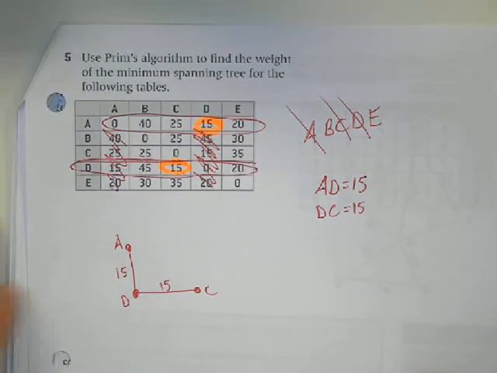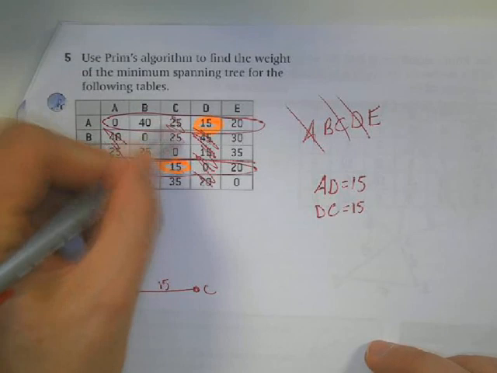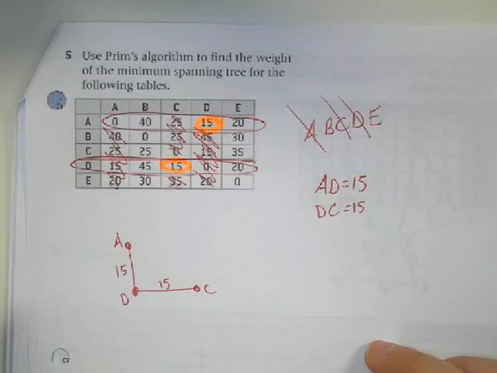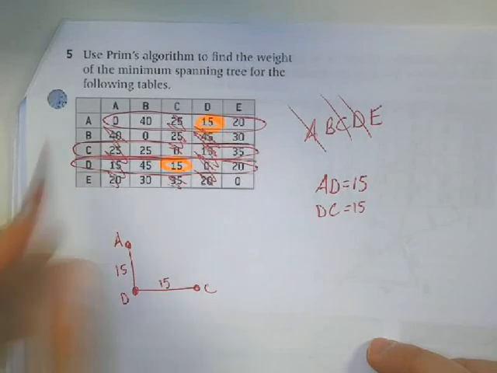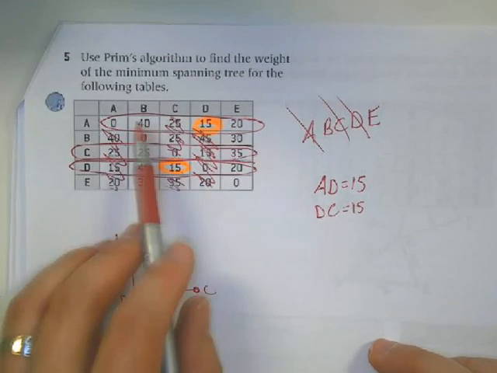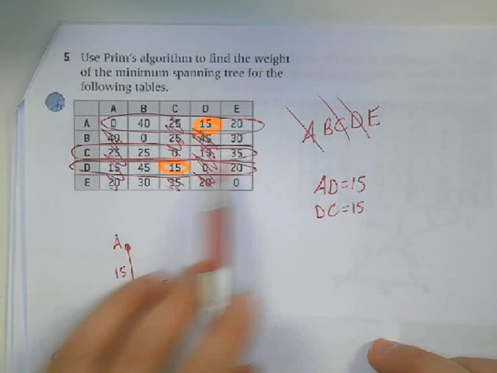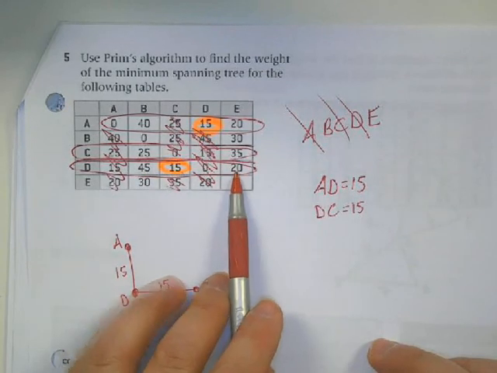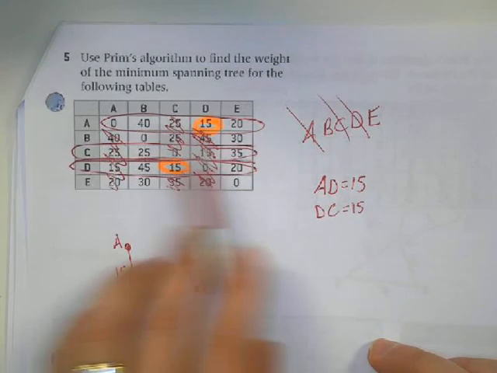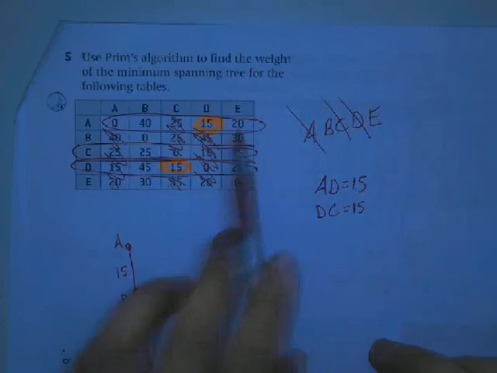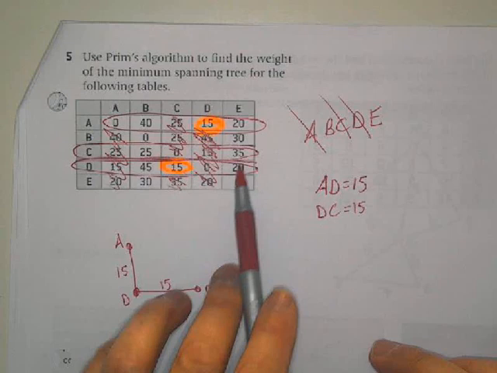Okay, so now I can cross out the C row, and we can look at row C, and so we've got 40, 20, 25, 35, 45, and 20. So I can either pick this 20, or I can pick this 20.